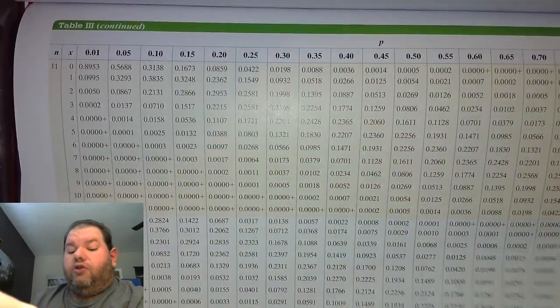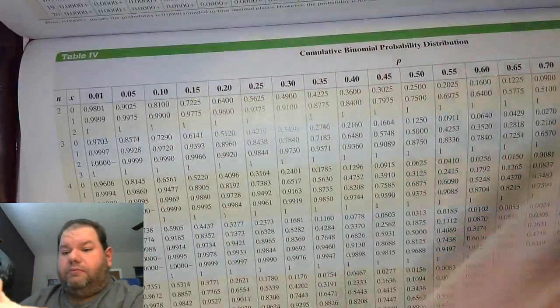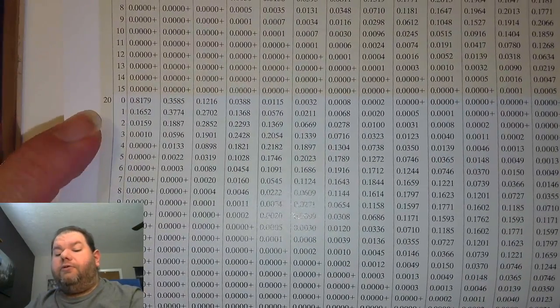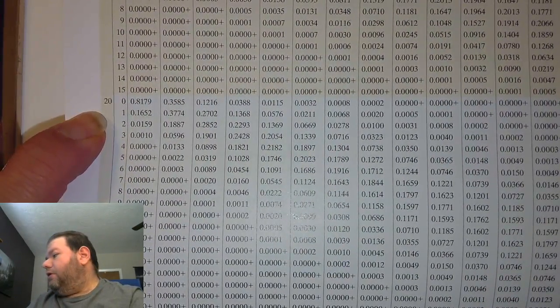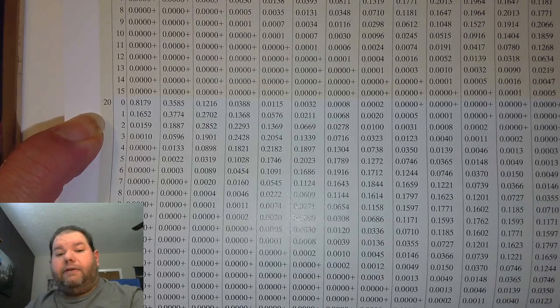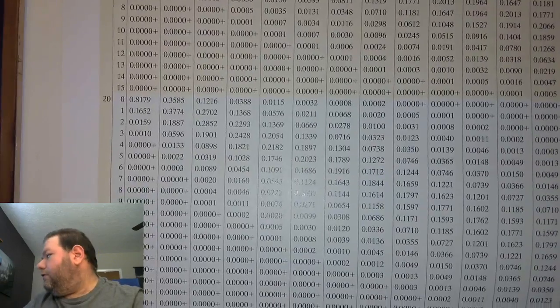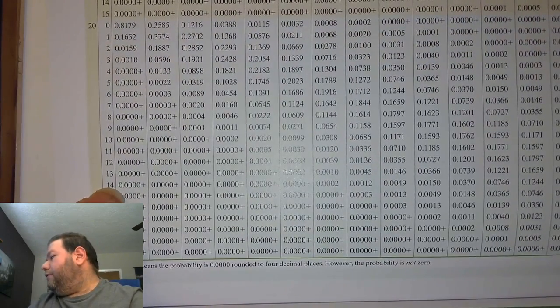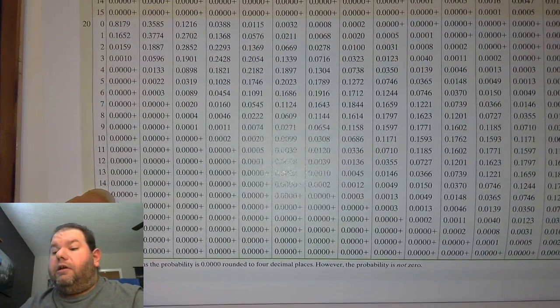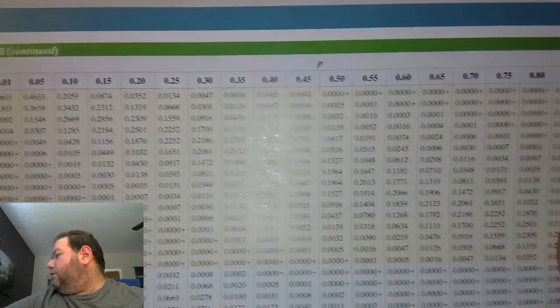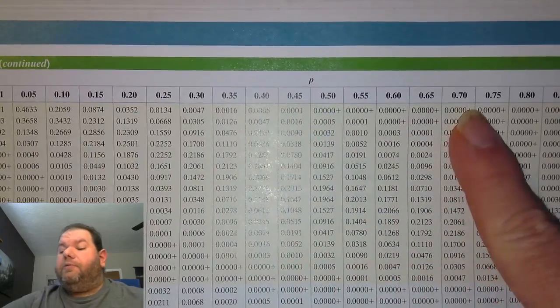So, if we need 20, okay, here's n equals 20. We need x is 14, so we come down to the row 14 here, which, there we go. And then we go across on the top to where p is 0.75.